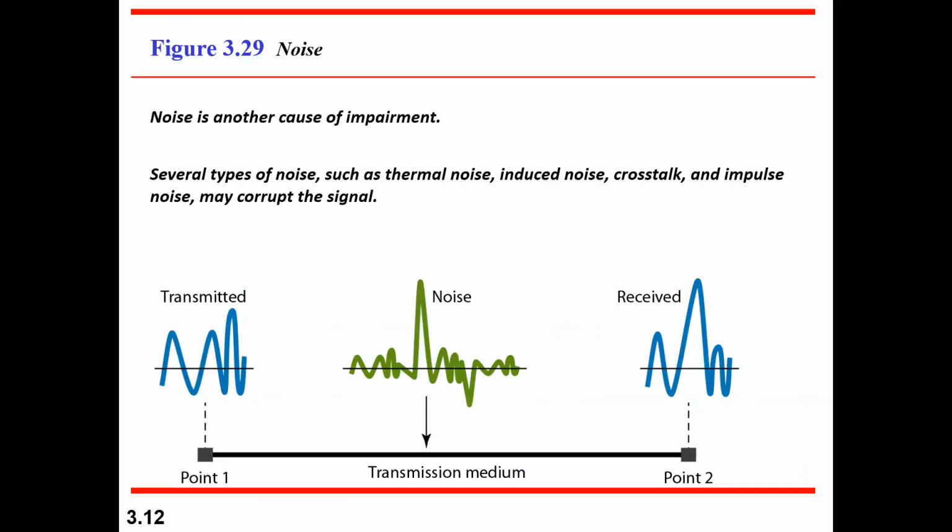The third type of the cause of the transmission impairment is noise. Several types of noise, such as thermal noise, induced noise, crosstalk, and impulse noise may corrupt the signal. So there are several types of noise. I think probably the next lecture is going to talk more about that.